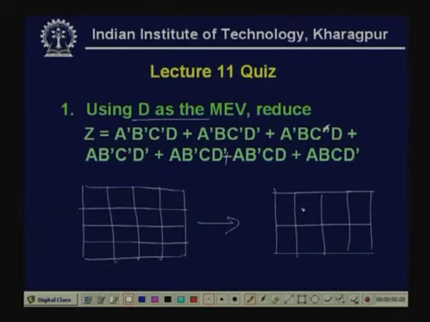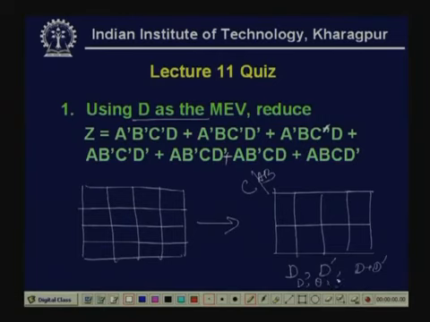So here it will be A, B, C, and the content will be some D complement, or some D plus D dash, or the combinations of D, theta, D dash. So this is today's quiz problem, that we have to reduce using the MEV method.